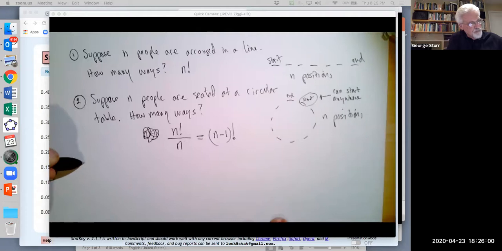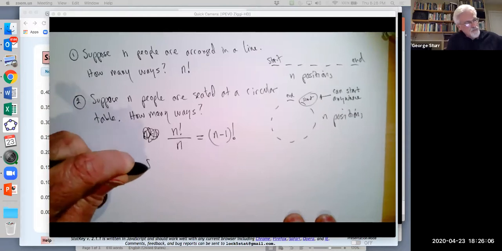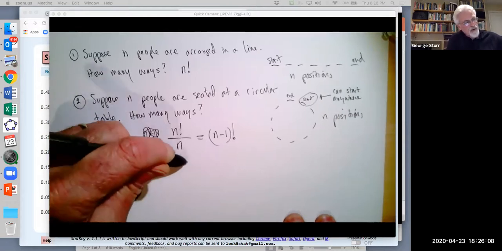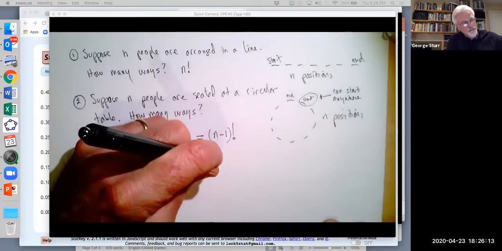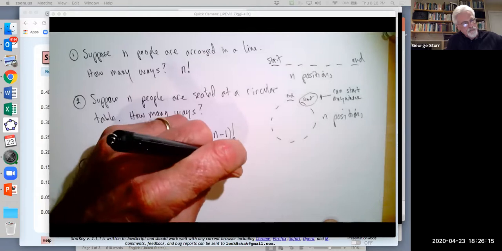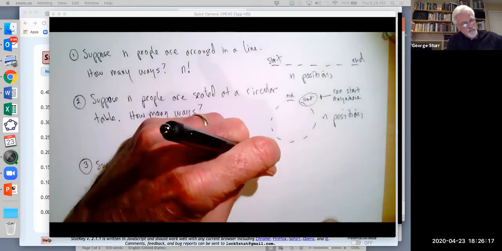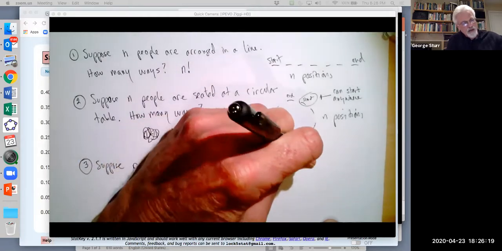Number 3. Suppose r from n people are arranged in a line. How many?